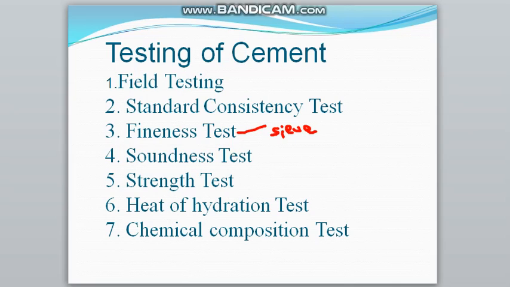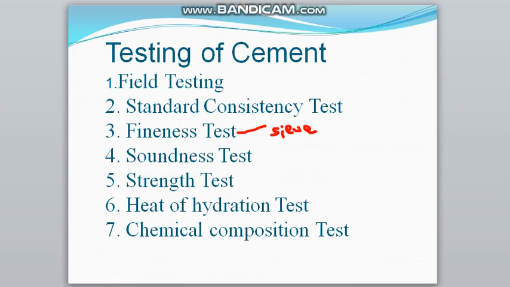It is used to find the specific surface, which is expressed as the total surface area in square centimeter per gram of cement. So these are the two important tests for finding the fineness of cement: the sieve test and the air permeability test.